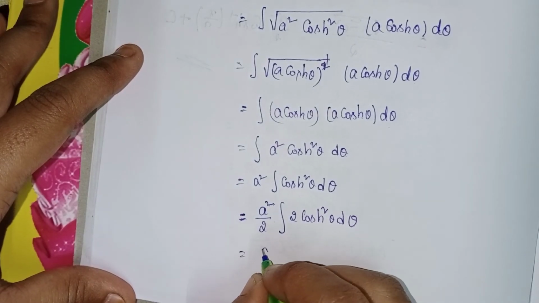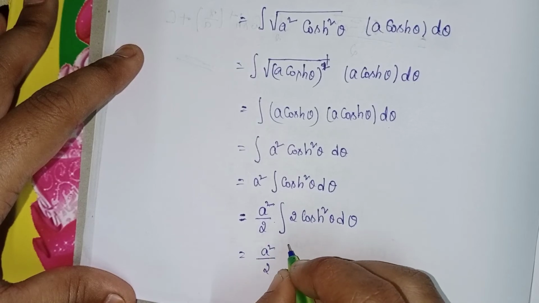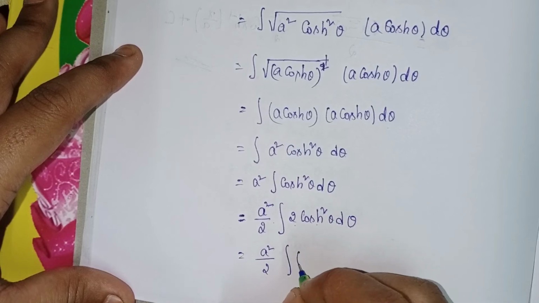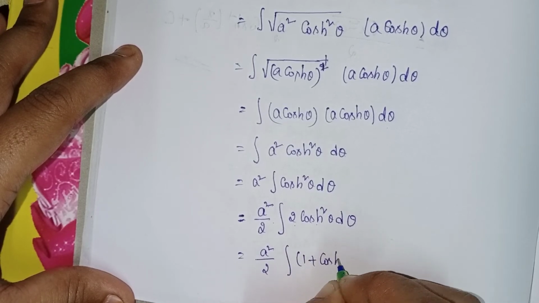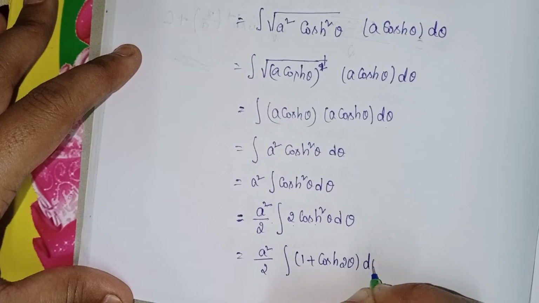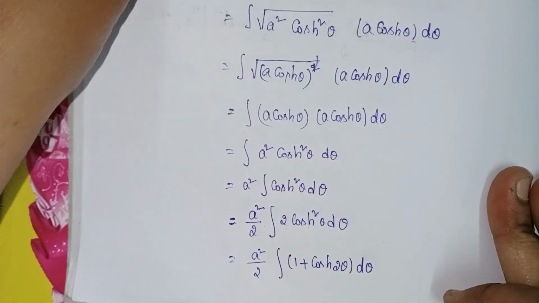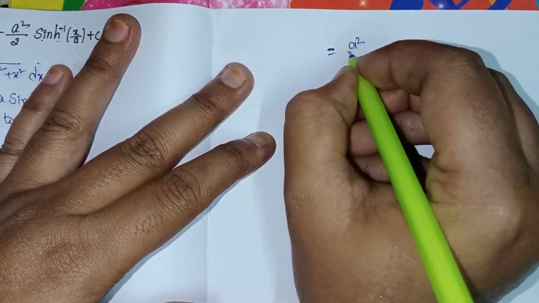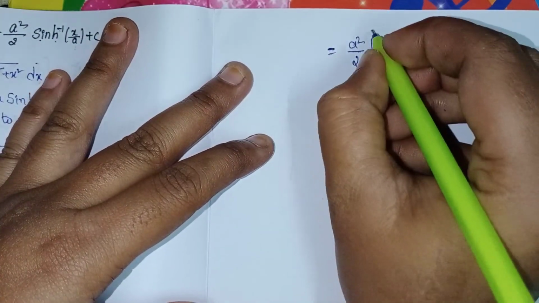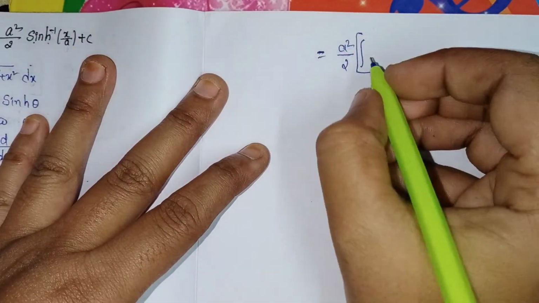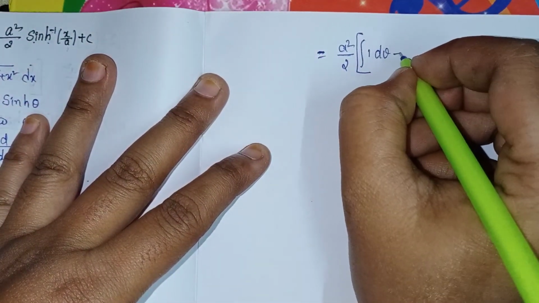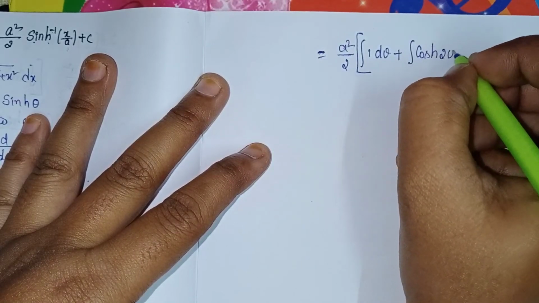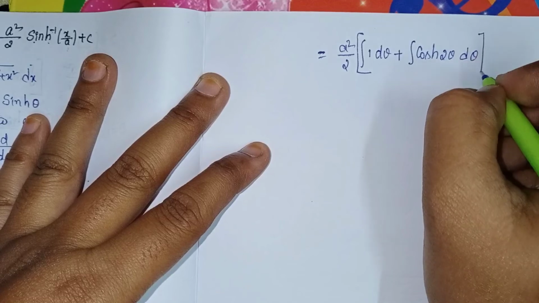A square by 2 into integral of 2 into cosh square theta, which is 1 plus cosh 2 theta, into d theta. Now you can write the integrals separately. A square by 2 into integral of 1 into d theta plus integral of cosh 2 theta into d theta.